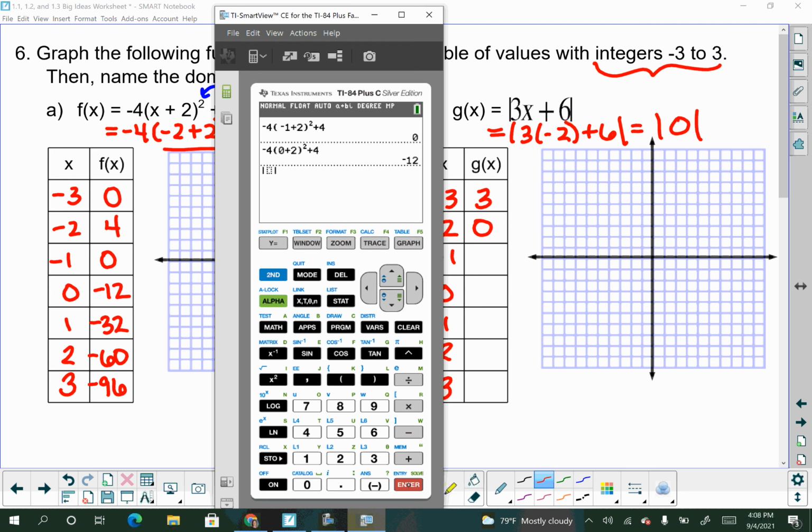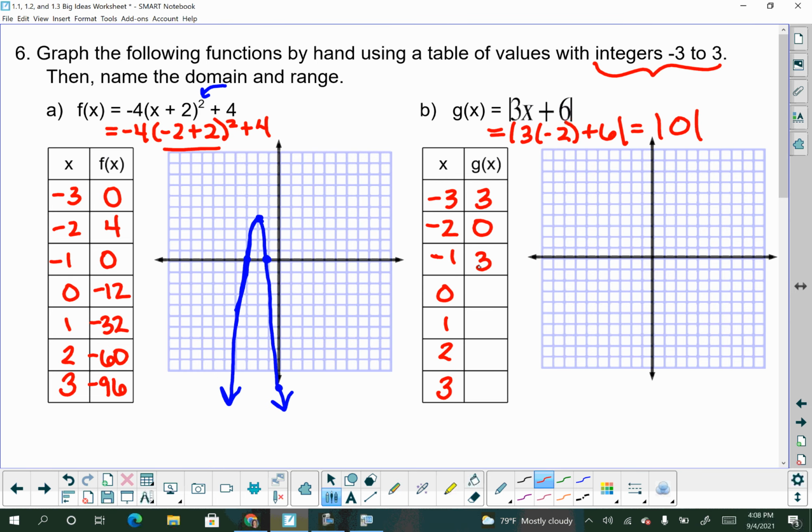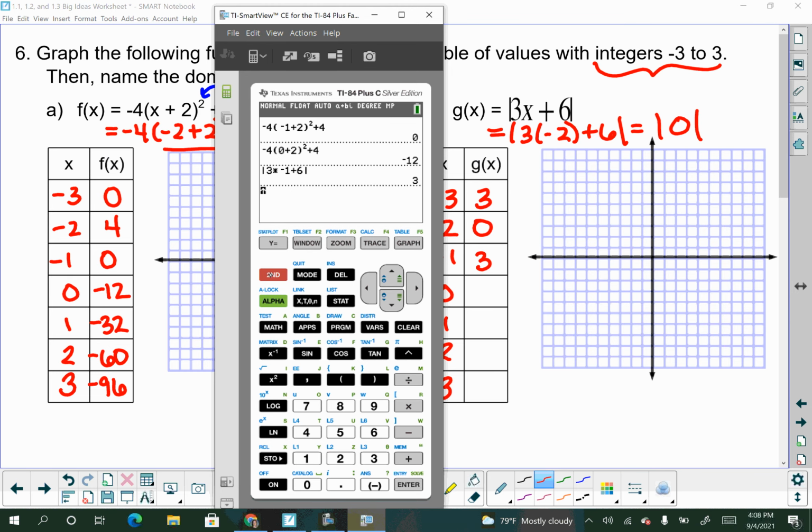If you have an older version of the calculator, it might just say ABS parentheses, or if you have the newer version, it'll look like mine. Either way, you can put 3 times the number, -1, that we're plugging in next, plus 6. And you can see I get an answer of 3. On my calculator, again, remember we can hit second, enter, and we can change it. I'm going to delete out that negative and just put a 0 in. It gives me an answer of 6.